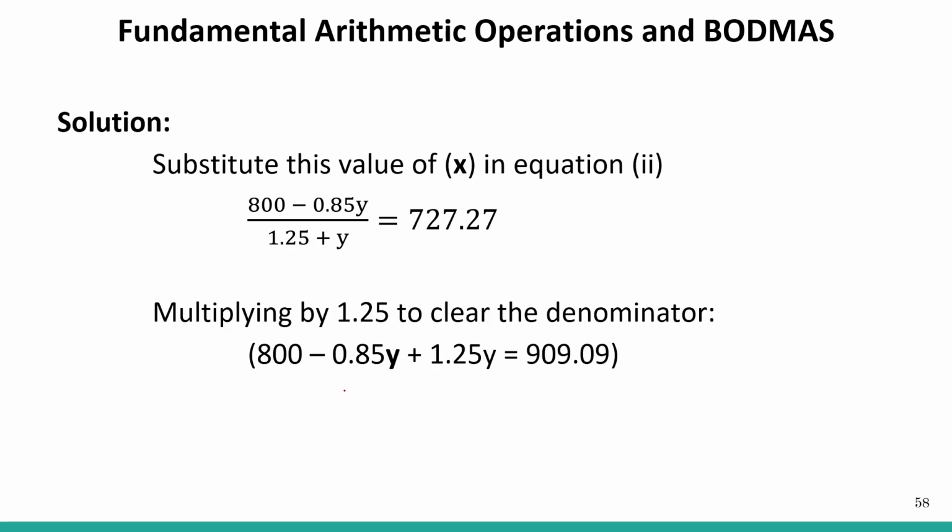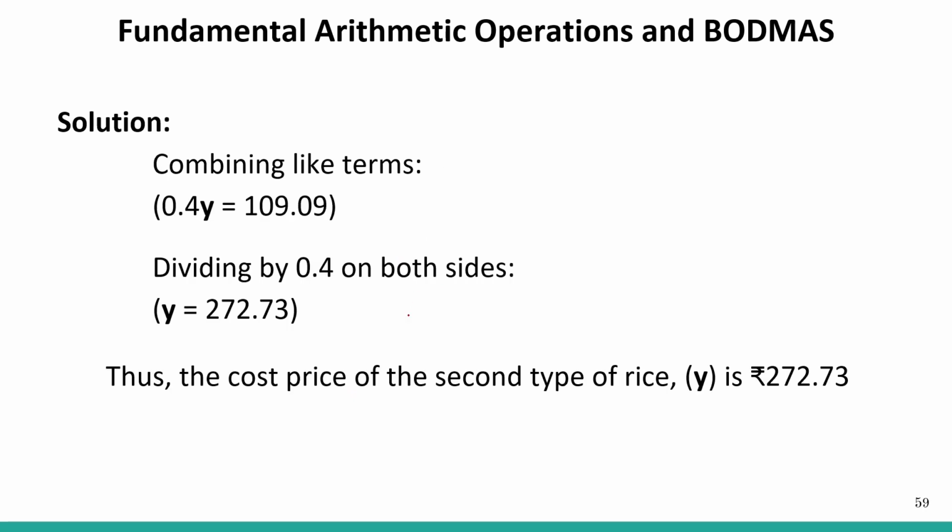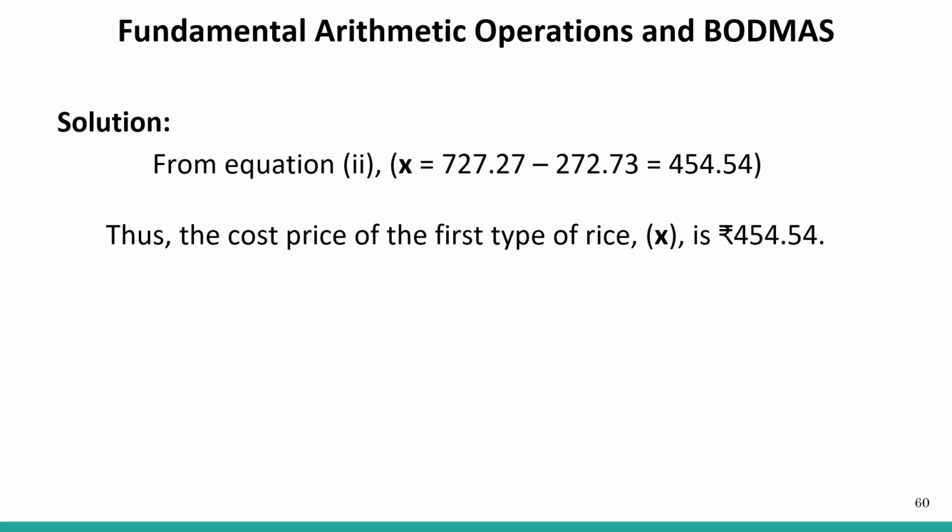Substituting these values, we get 727.27. Combining the like terms, 0.4y is equal to 109.09, and dividing by 0.4 on both sides because we want only y on the left hand side, y is 272.73. So the cost price of the second type of rice is 272.73 rupees, and the cost of the first type is 454.54 rupees.